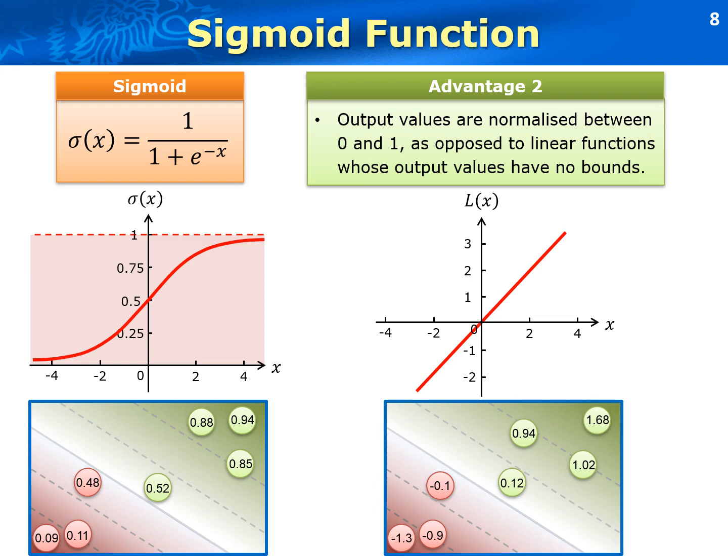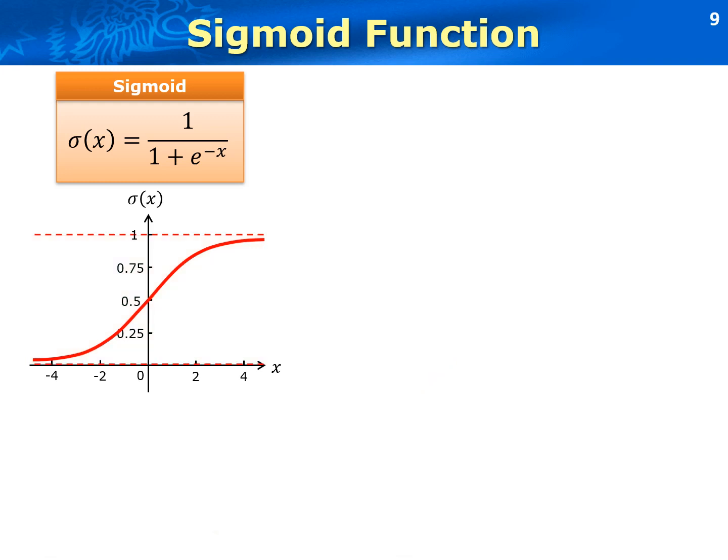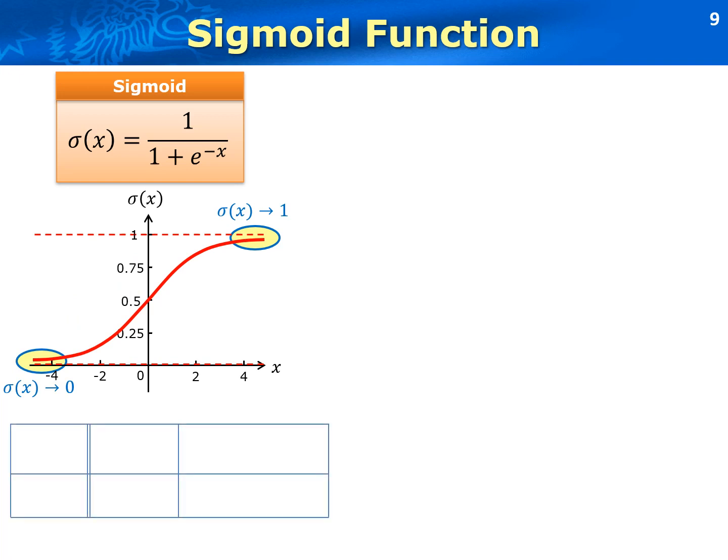From the graph, we notice that when x is very large, the output tends to y equals 1. When x is very small, the output approaches y equals 0. Mathematically, we can readily verify that when x tends to positive infinity, the exponential of minus x approaches 0.